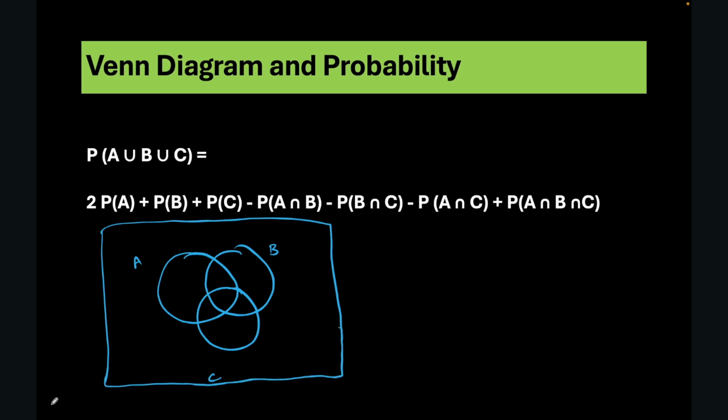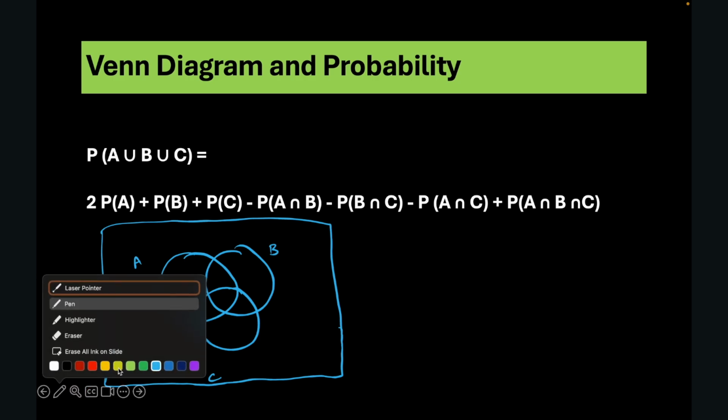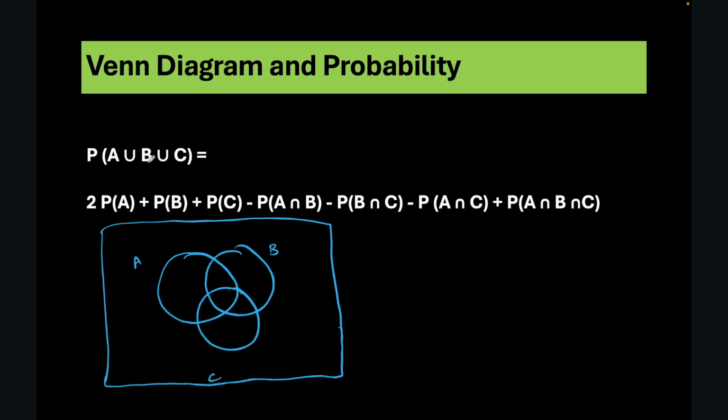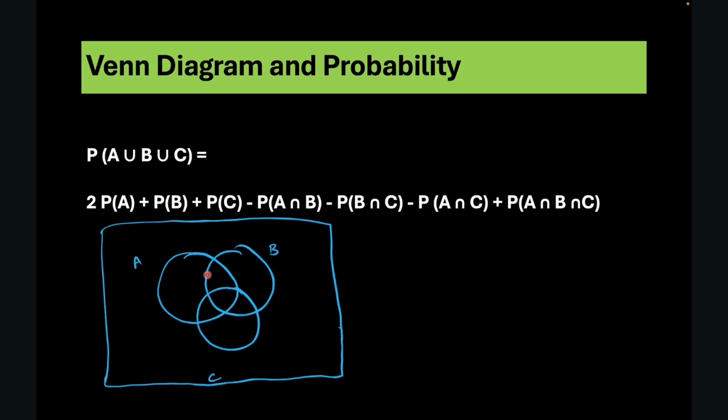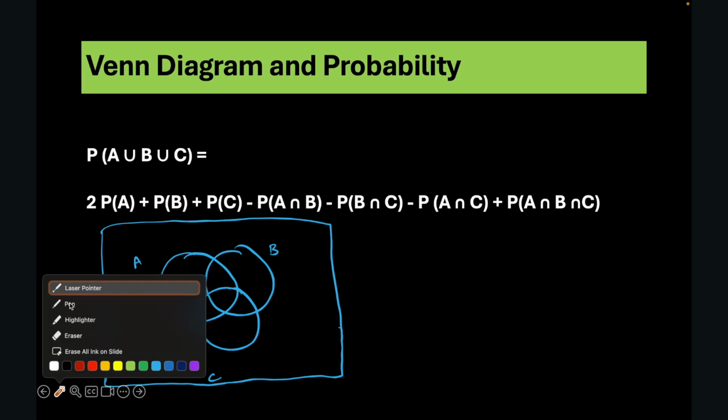Now I'm told that A union B union C, which is going to be all the circles shaded, right? Let me use the laser here. It's gonna be this part, and this part. Everything inside the circles.